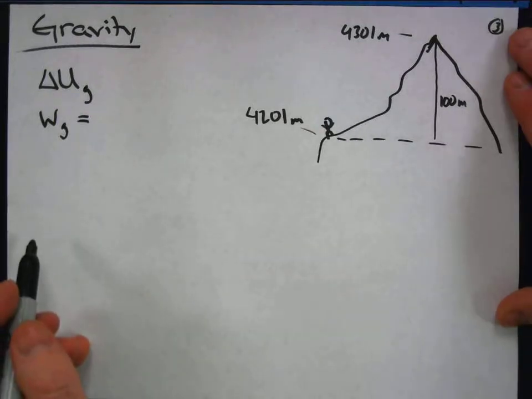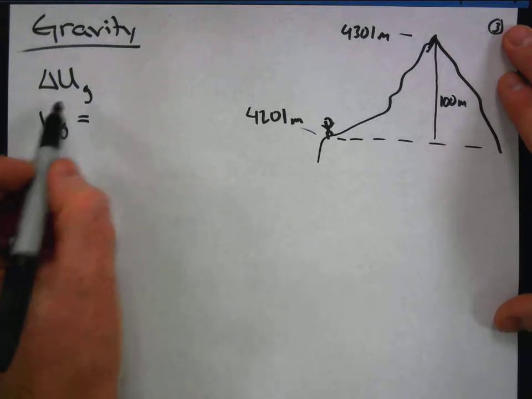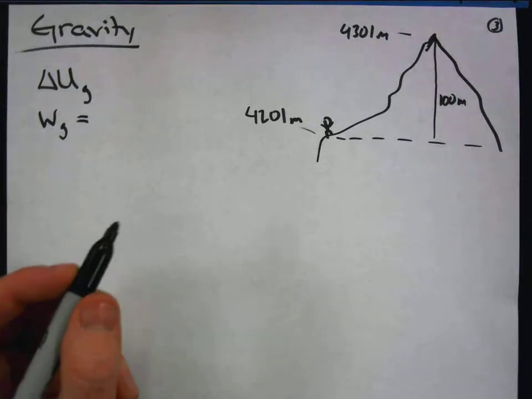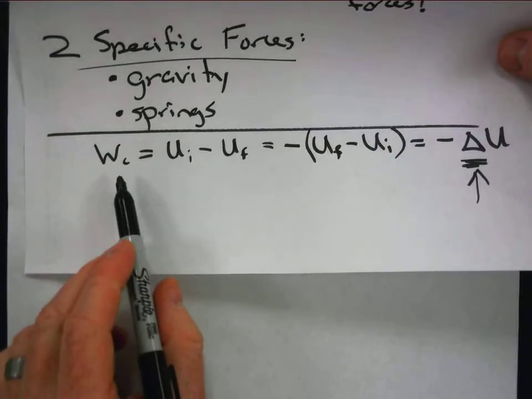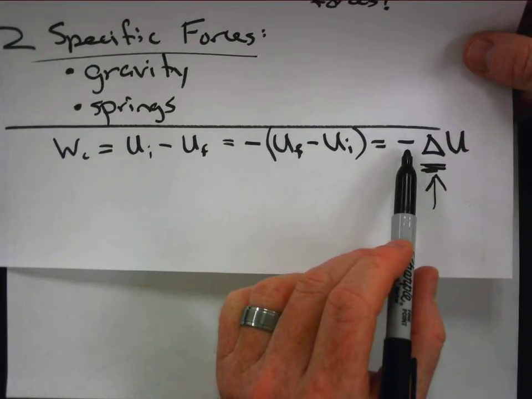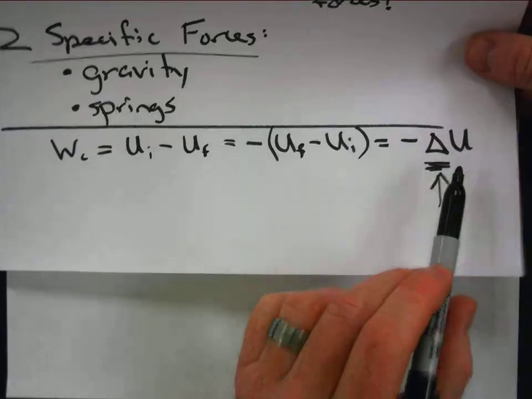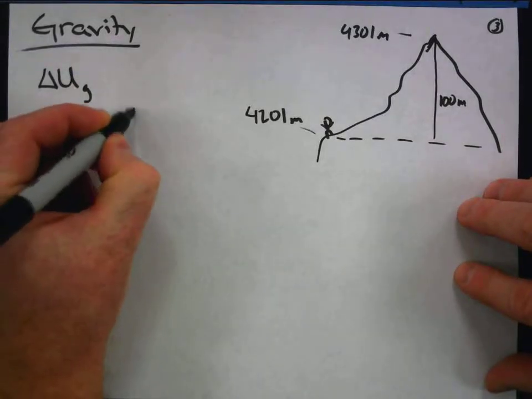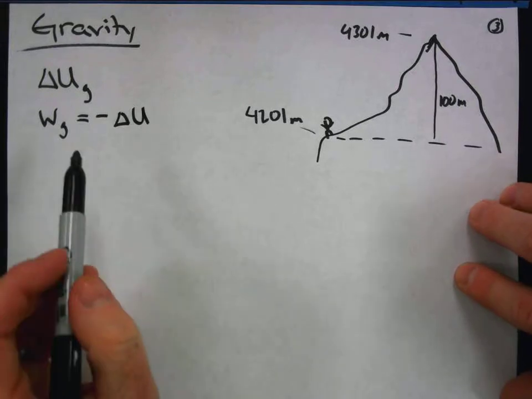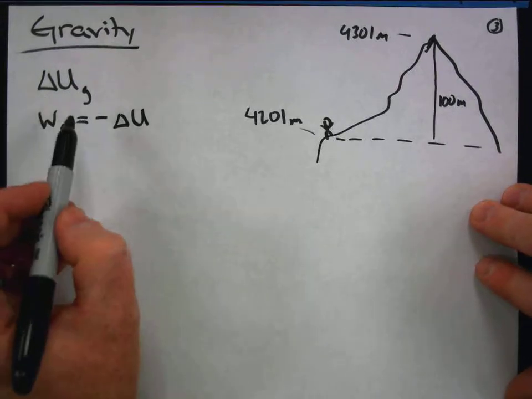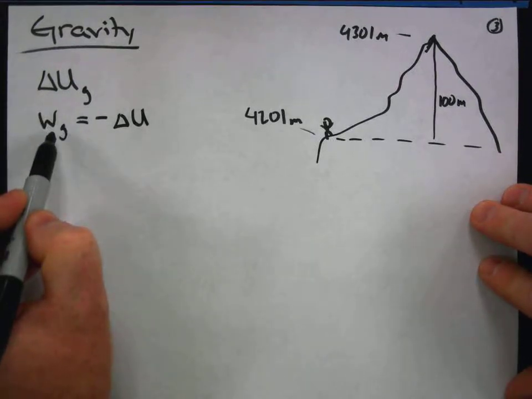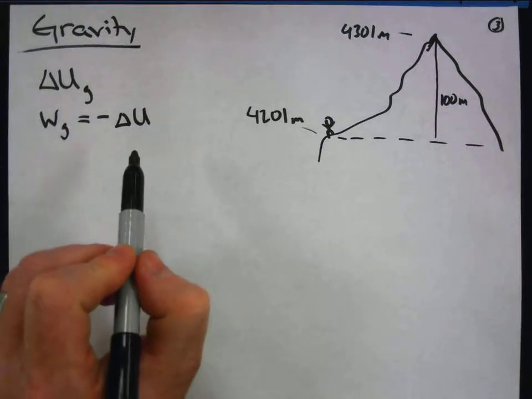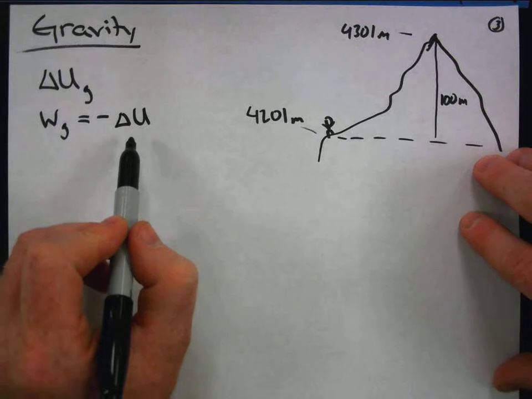It should be a positive delta U. From the relationship where the work done by a conservative force equals the opposite of the change in potential energy, we're going to see that the work done by gravity is a negative value, and so we're going to have a positive change in the potential energy of this climber.